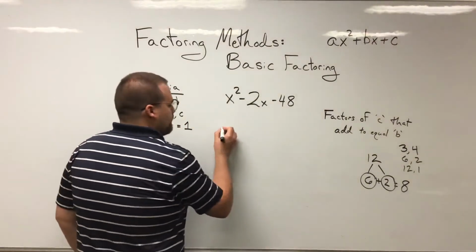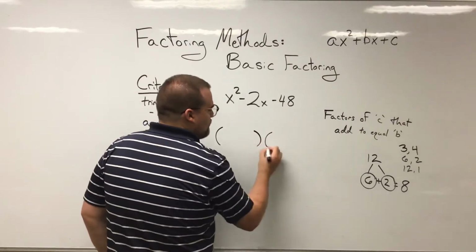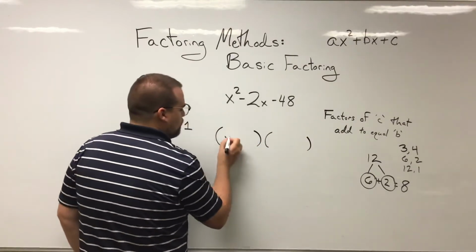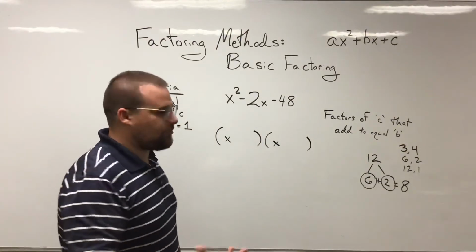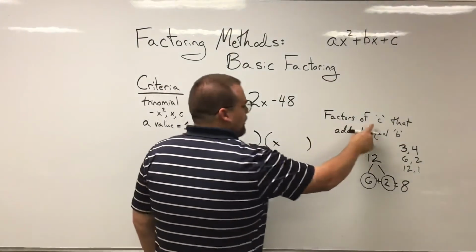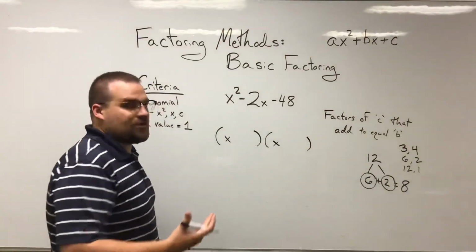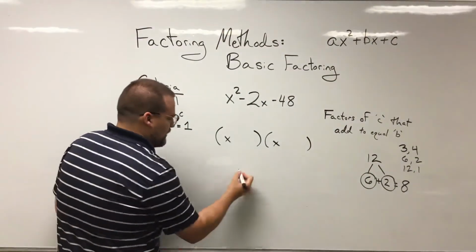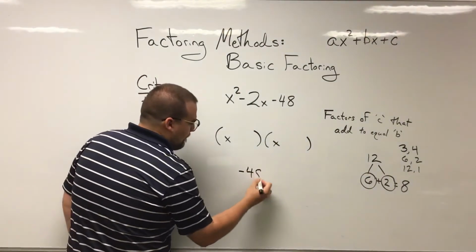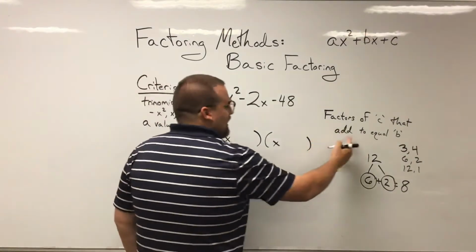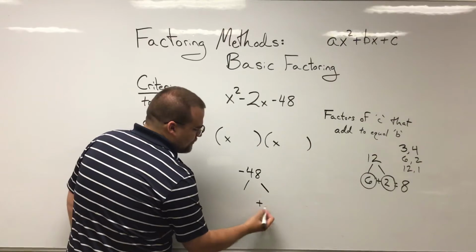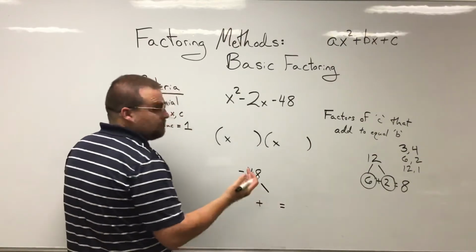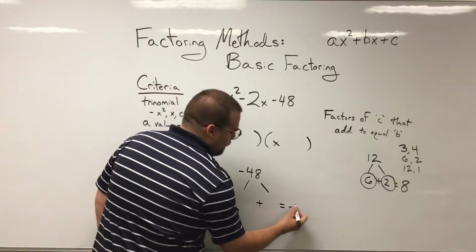So the first step is simply to write these binomials, each one starting with x, and then we just have to figure out what goes with them. We need factors of c. What's c here? Negative 48. That add to equal b. So these two factors need to add to equal negative 2.